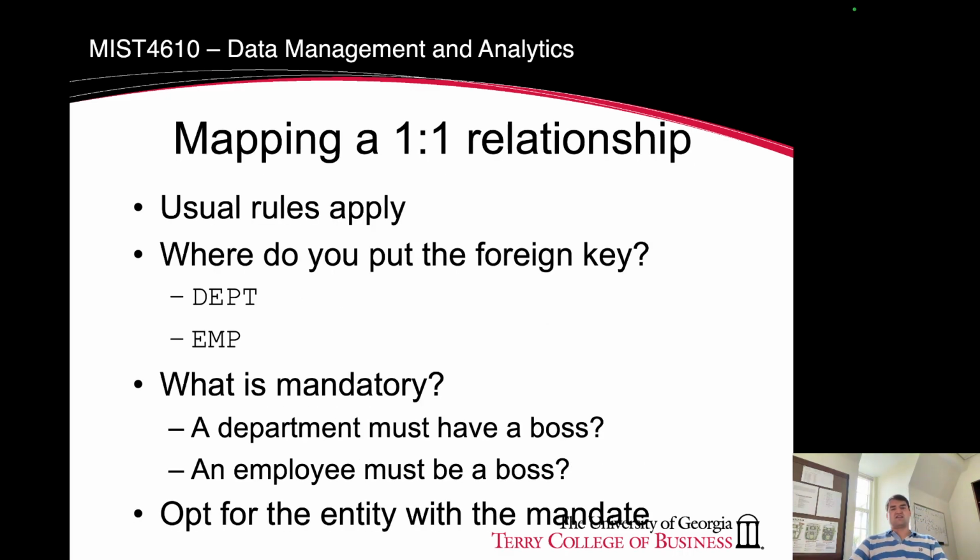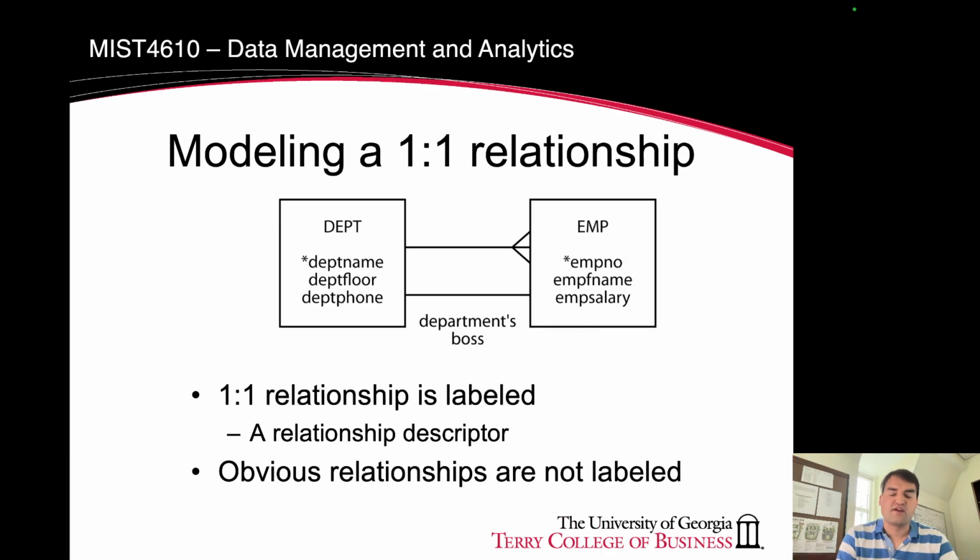Essentially, what you want to think about is, where do you put the foreign key for that? We know that on each relationship, on at least one side, we have to have a foreign key. If we go back to this example, we could put the department ID on the employee for the department they're the boss of.